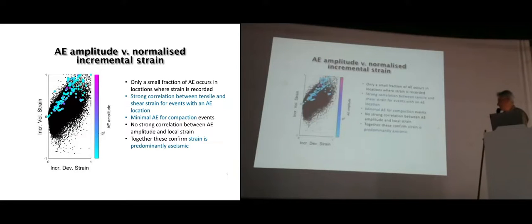So there's a strong correlation between volumetric and deviatoric strain, but there's an even stronger correlation with the acoustic emissions preferentially picking source locations where that is strongest.